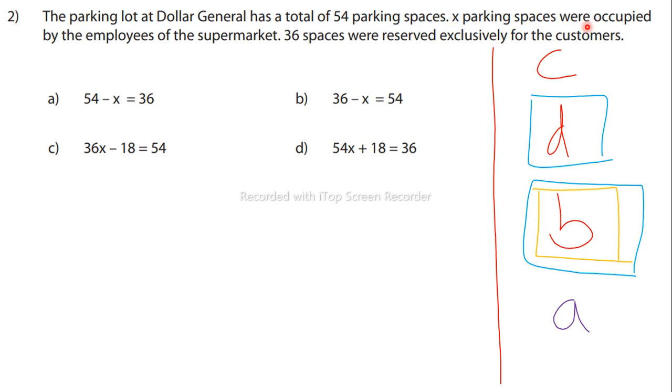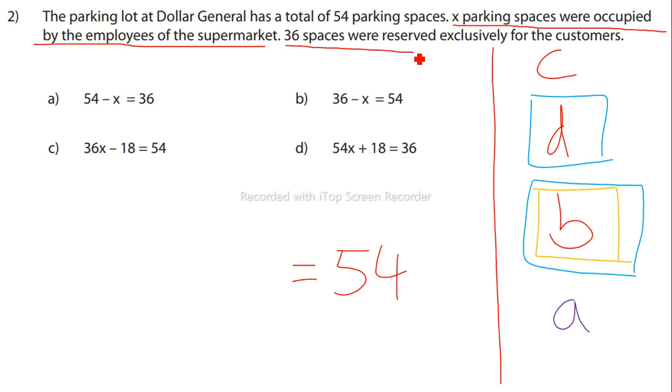Okay, X parking spaces were occupied. It has a total of 54 parking spaces, so the total parking space we have is 54. X parking spaces were occupied by the employees of the market. 36 spaces were reserved exclusively for customers.